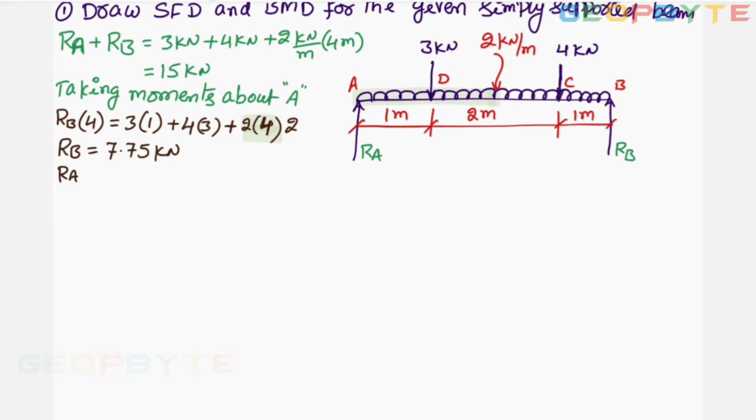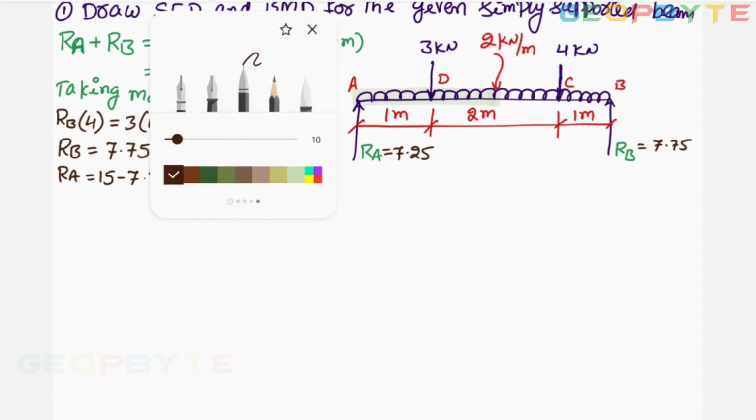Then RA, reaction at A, equal to total 15 minus RB 7.75. It is equal to 7.25 kilonewtons. That is how RA and RB are to be found. RA is 7.25 kilonewtons, RB also 7.75 kilonewtons.